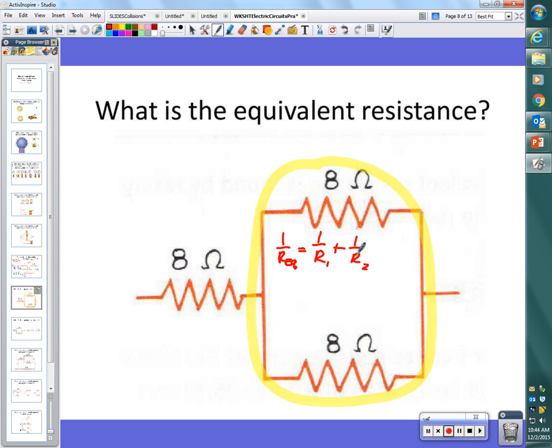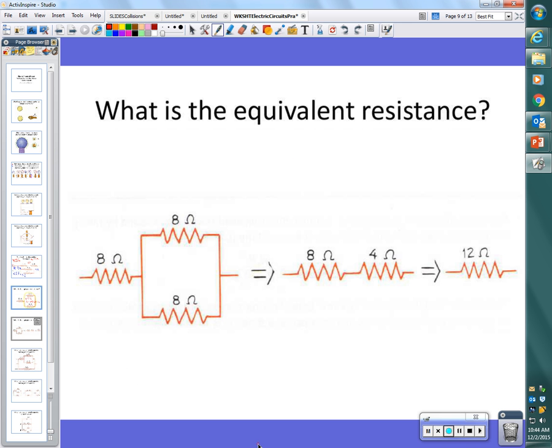In this case, both of our resistors are 8. So we go 1 over 8 plus 1 over 8, right? Solve that, and we find that the equivalent resistance here is 4 ohms. Remember, equivalent resistance in parallel, we solve with this equation.